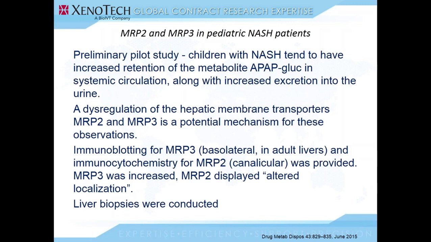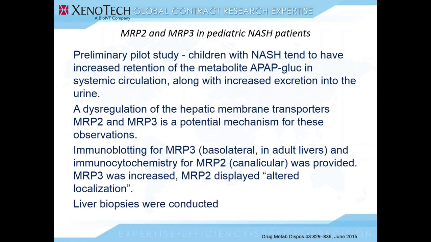Immunoblotting for MRP3, a basolateral transporter in adult livers, and immunohistochemistry for MRP2, a canalicular transporter, was provided as additional data. MRP3 was increased and MRP2 displayed altered localization.